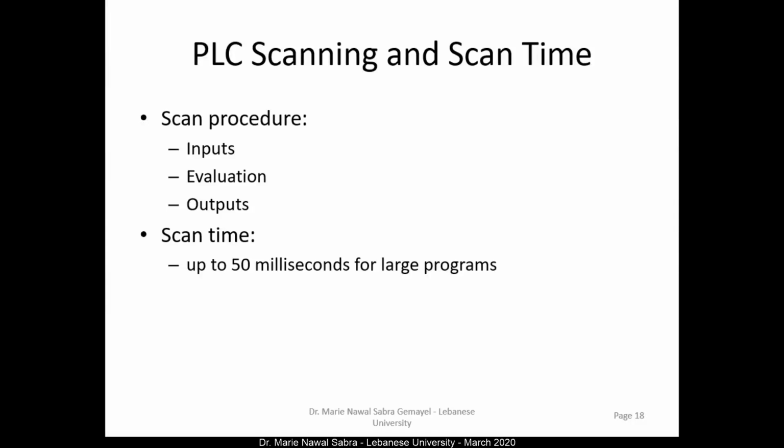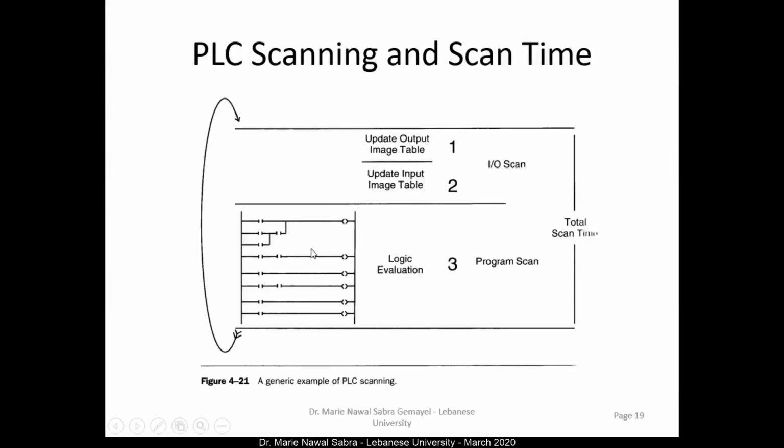Whenever the scan time is too slow, we usually implement a C-based program for the very fast functions that we use in the industries. So this is an image showing us the PLC program, and once it finishes evaluating, it updates the outputs, updates the inputs into the input image table, and goes back to evaluating the program. It only stops when you turn it off.